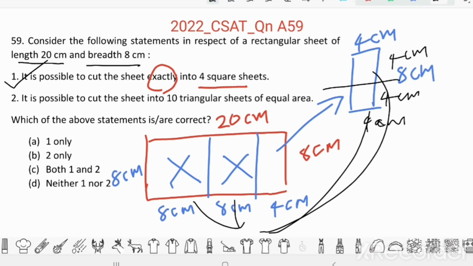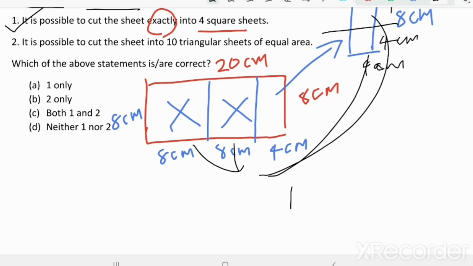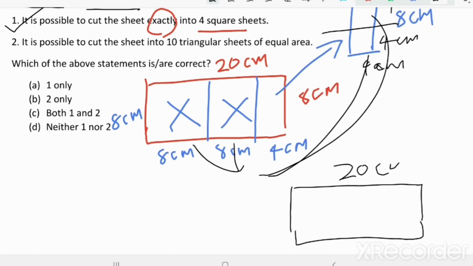Now see statement 2. It is possible to cut the sheet into 10 triangular sheets of equal area. This is the rectangular sheet, 20 cm by 8 cm. First cut this into 5 equal sheets.